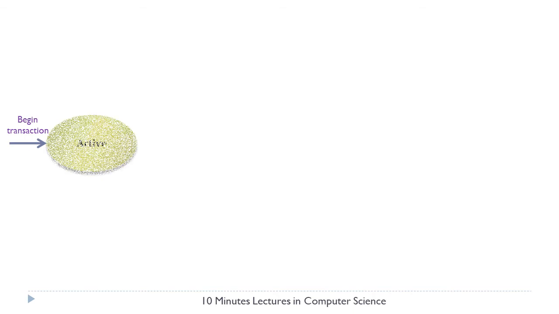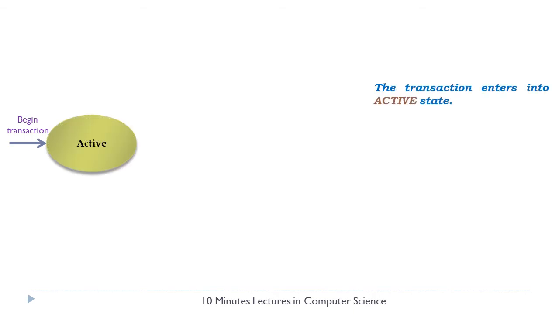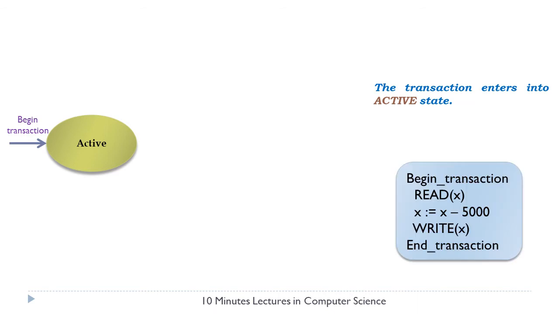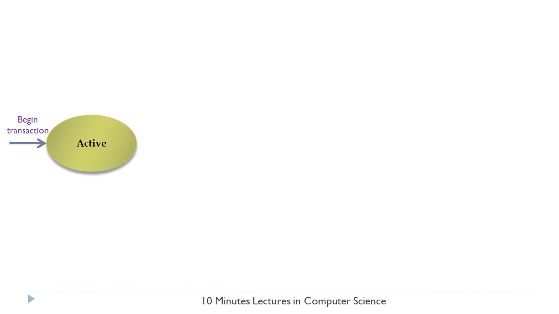Every transaction that starts its execution is said to be in active state. For example, this particular transaction updates the data item X by deducting 5,000 from it. Now, when we start with begin transaction and we start executing each instruction from this particular transaction, we say that the transaction is in active state.